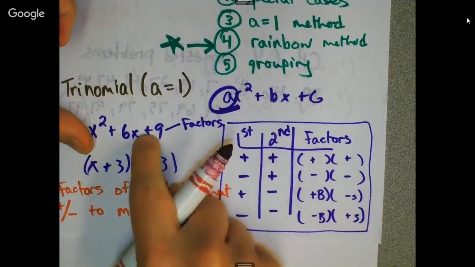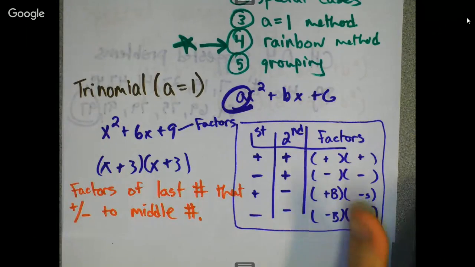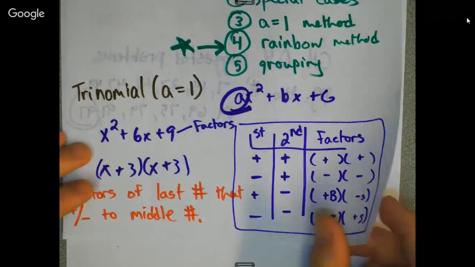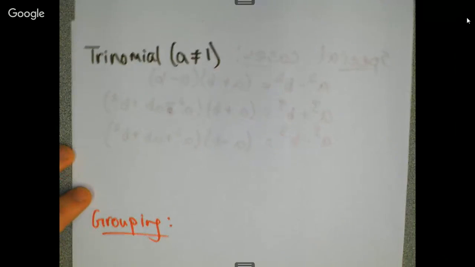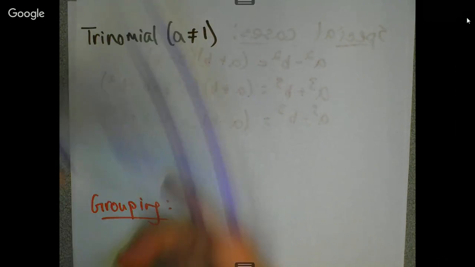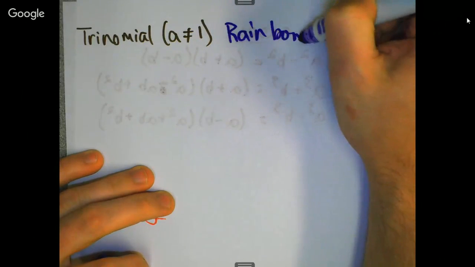Depending on what the sign is will depend on whether it adds or subtracts to that number. We'll get some more practice with those down the road. Then we have when A does not equal 1. This we will use the rainbow method.